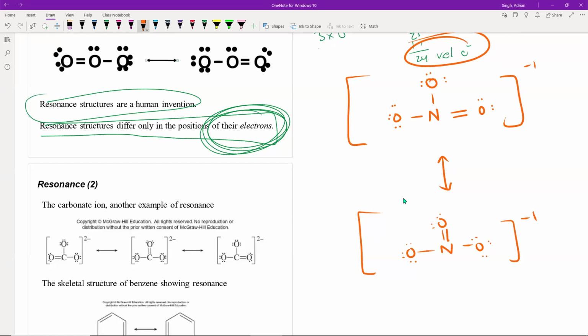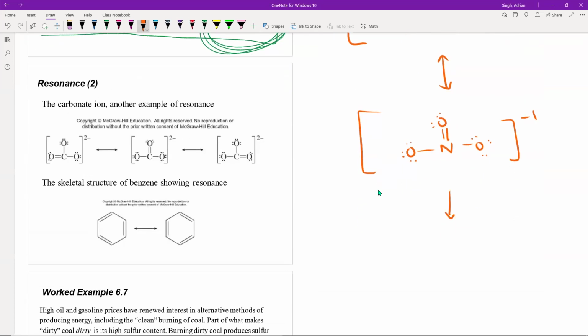Okay, I could also have moved a pair of electrons from the O on the left to make the double bond on the left side. That's just I move a pair of electrons here. I can make the double bond on my left. And these are all resonance contributors to the actual overall structure of the nitrate.